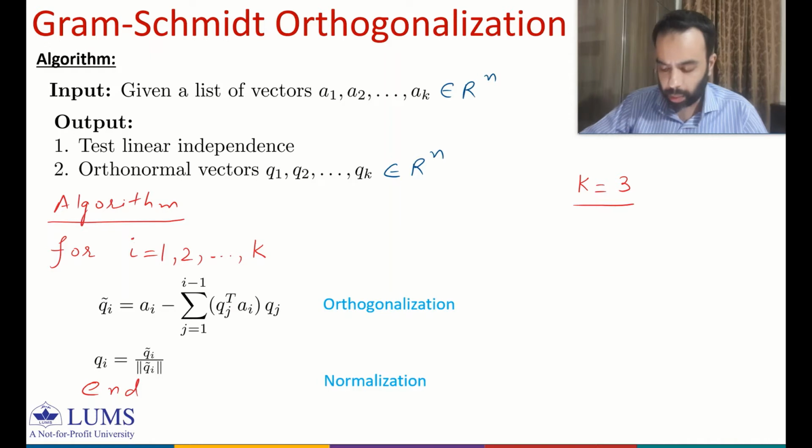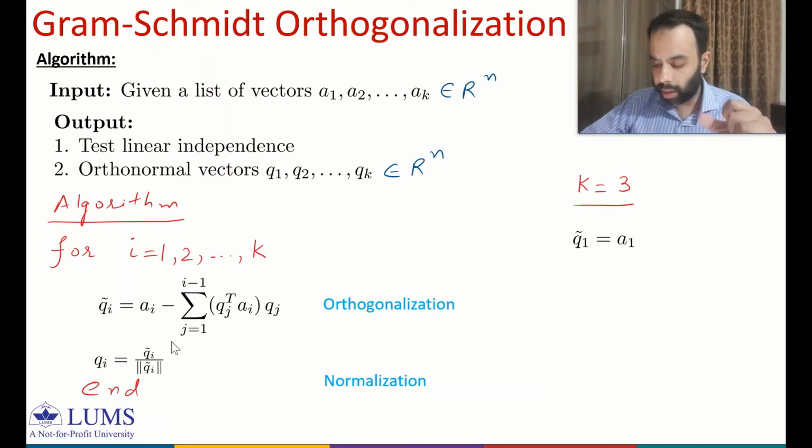When you take i equal to 1, what do you get here? If you see this summation, it runs from j equal to 1 to i minus 1. When i is equal to 1, the summation would run from j equal to 1 to 0. That means the summation would not contain any term, so q1 tilde is simply a1.